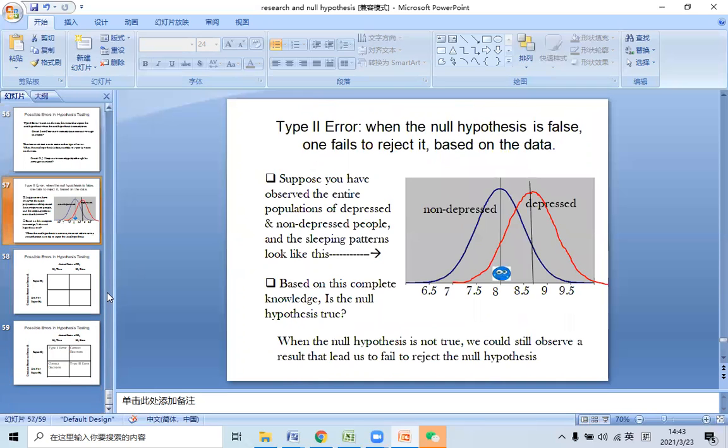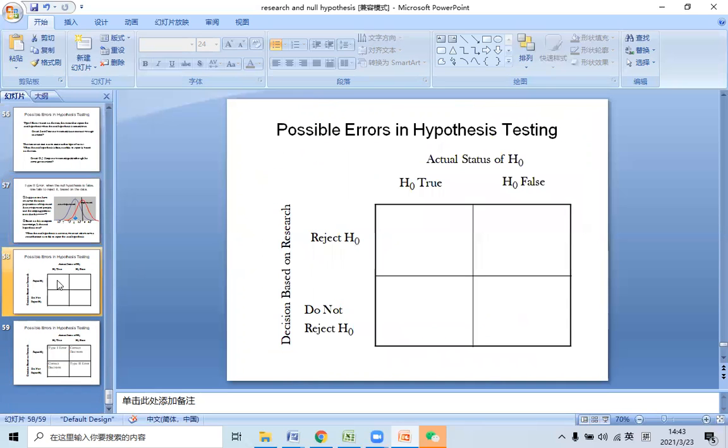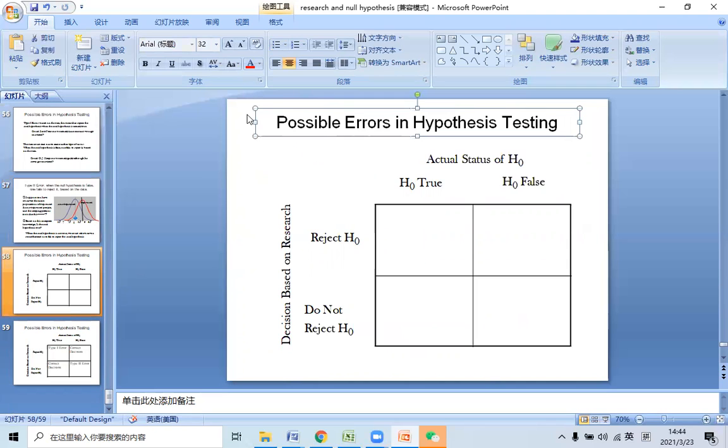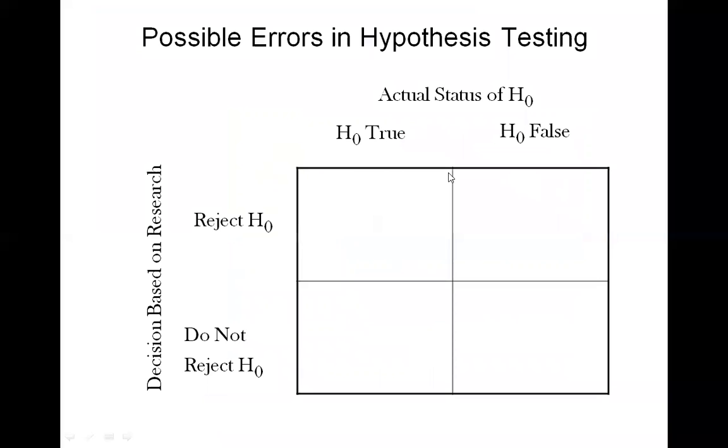Another key concept is errors. We could be making mistakes in hypothesis testing. There are two types of mistakes we can make. Well, let's look at the mistakes we can make. Actual status, actual. This is reality.